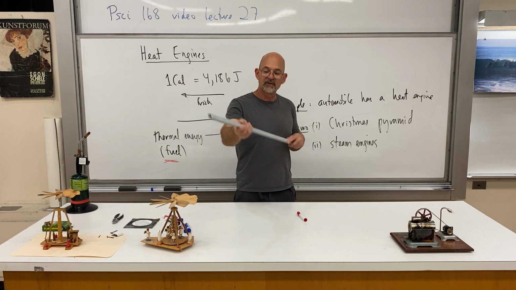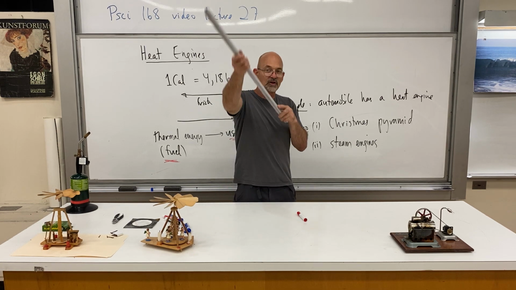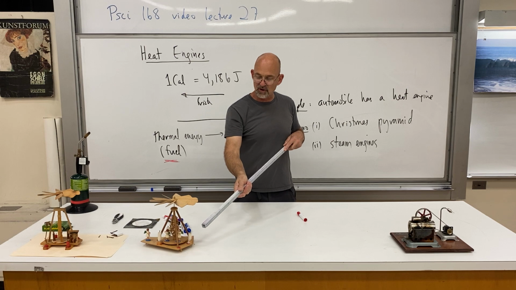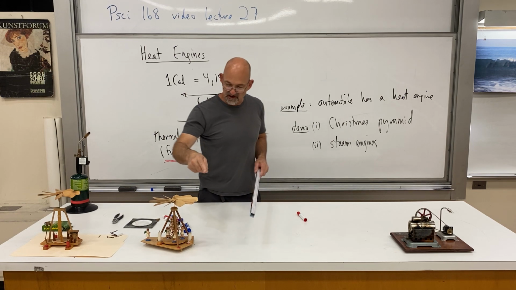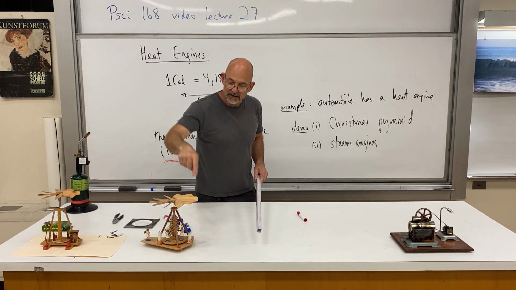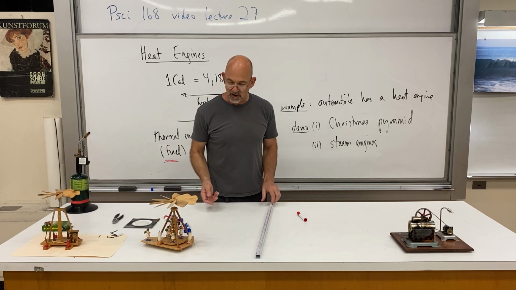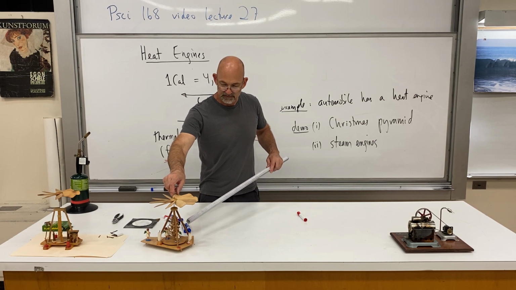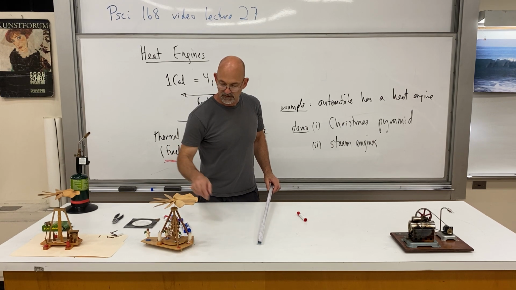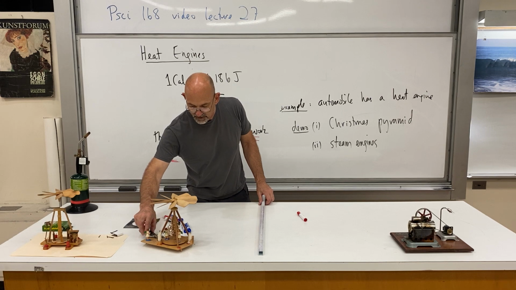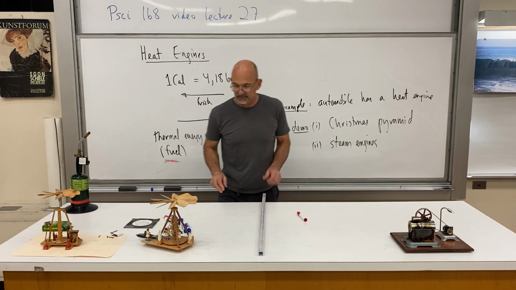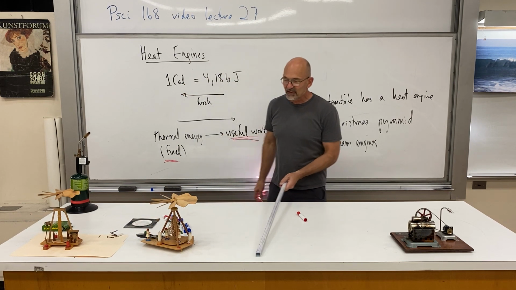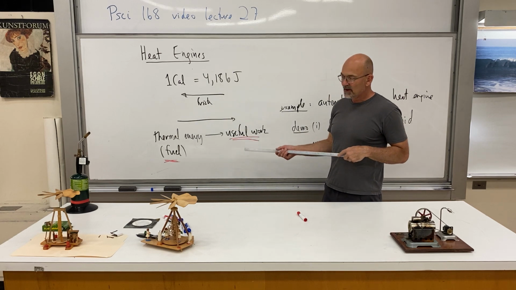The warm air rises, from hot to cold, right? The convection current causes the turbine to spin. And that is doing useful work. It's carrying the angels around. Okay, I'll stop this so that it doesn't run. So that is an example of a heat engine.